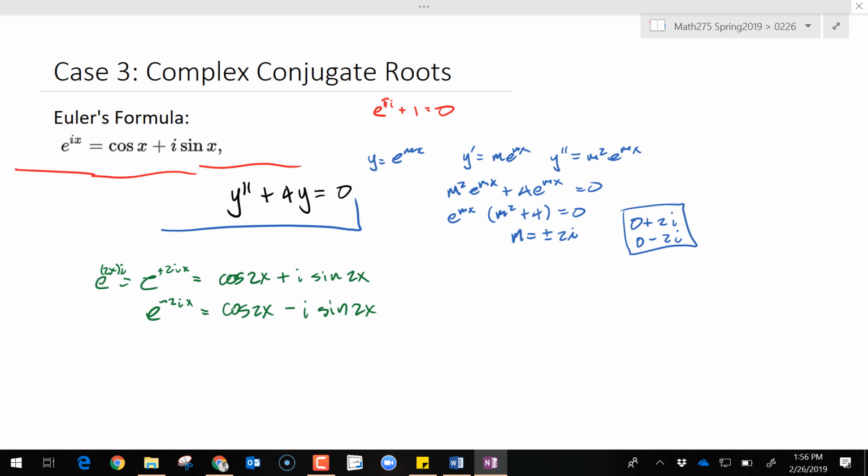So we have a couple of issues here. First of all, we want our solutions to be real solutions. Second of all, the combination of cosine 2x and sine 2x looks like it might be enough for us to make a fundamental solution set.